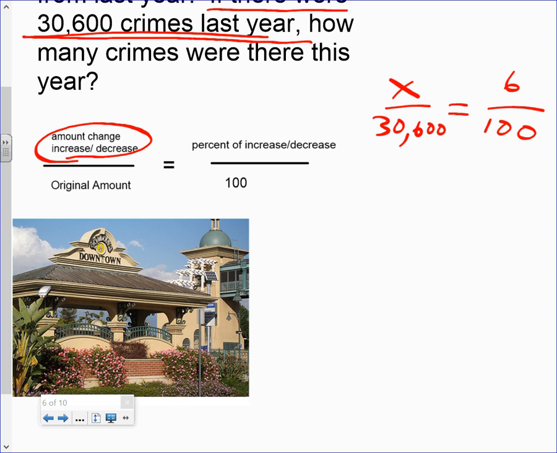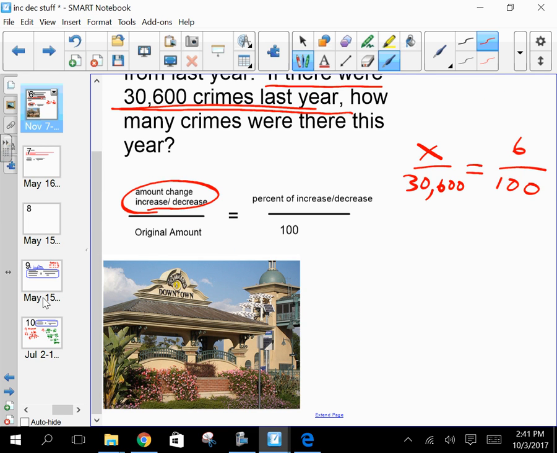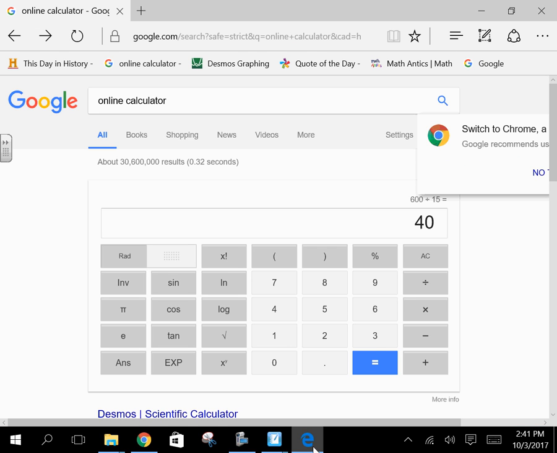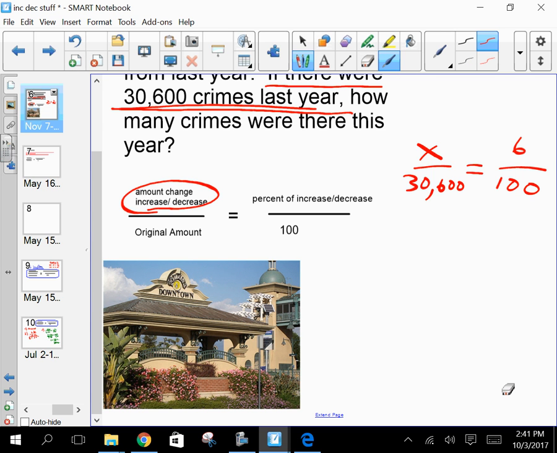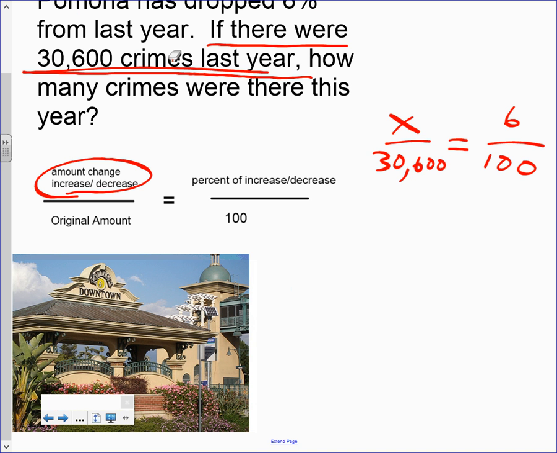Let's get my calculator here. 30,600 times 6 is 183,600. So 183,600 equals 100x.